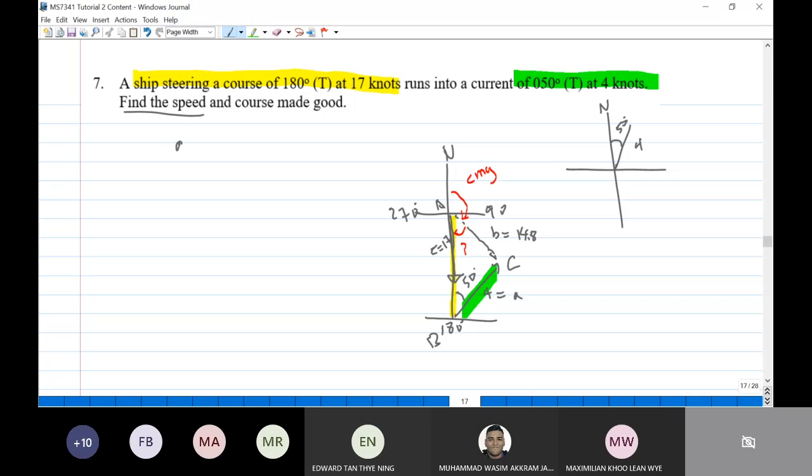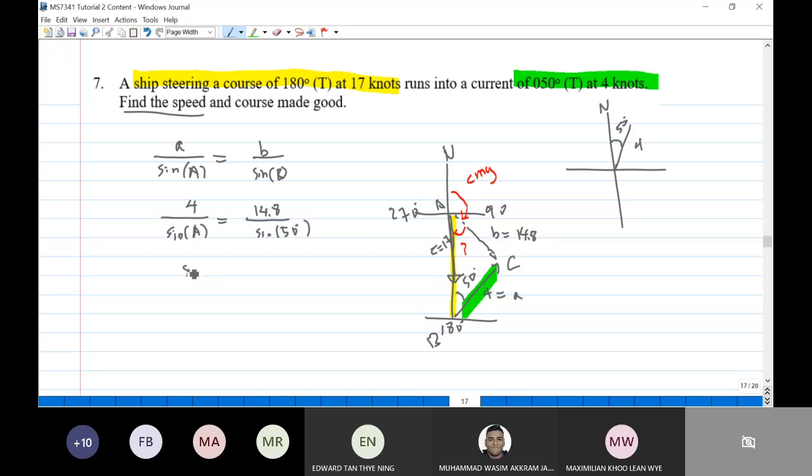So a over sine A equals b over sine B. Okay, a is 4, sine A I don't know. b is 14.8, angle B is 50.